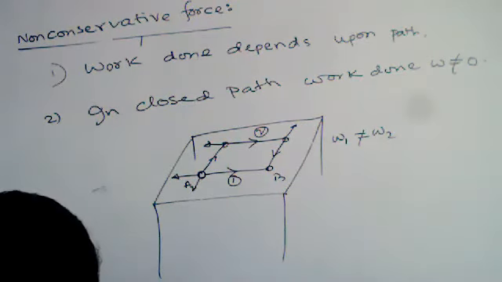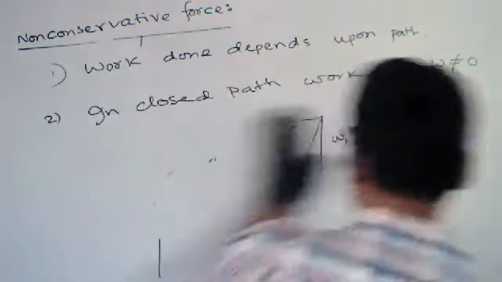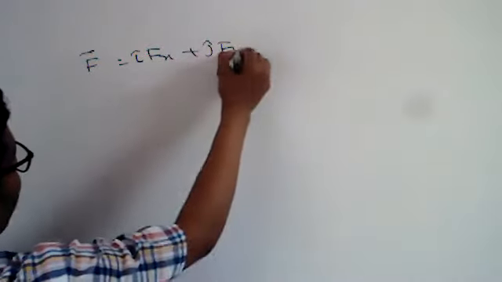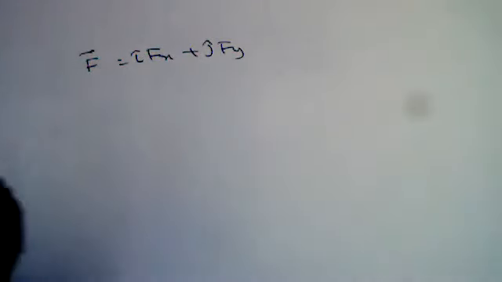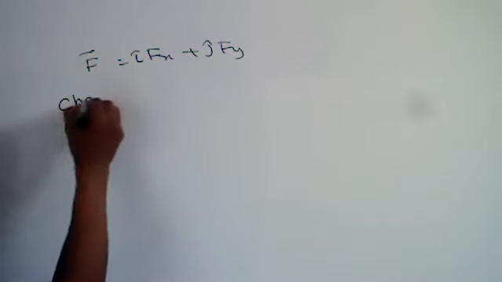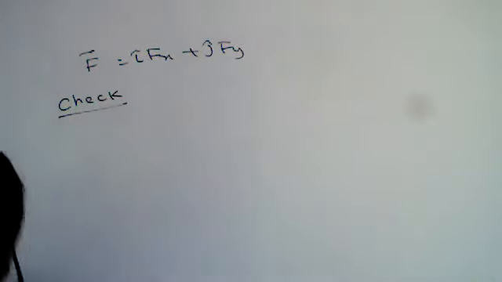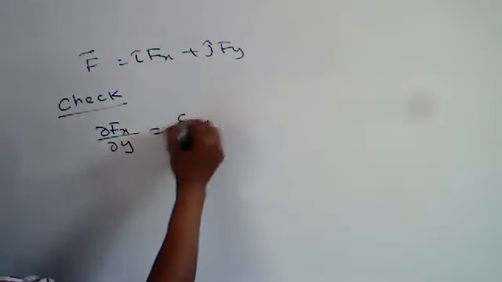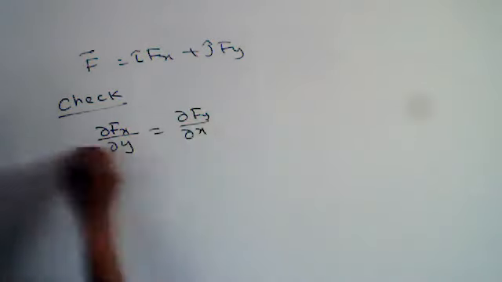There is a condition for conservative and non-conservative force. Suppose the force F equals i Fx plus j Fy plus k Fz. To check for conservative force, condition number 1: delta Fx by delta y equals delta Fy by delta x.